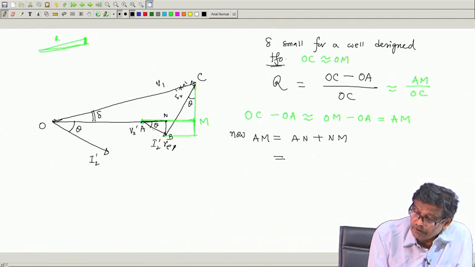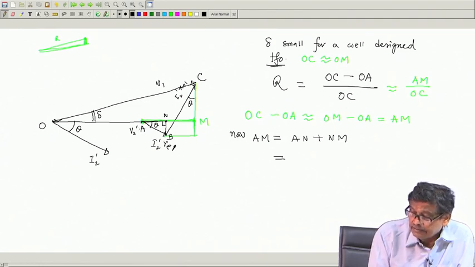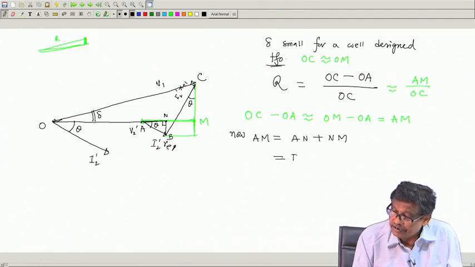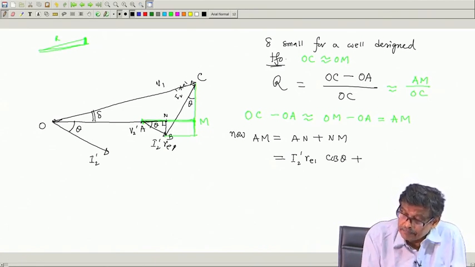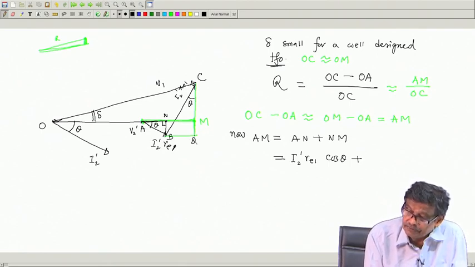In these small right angle triangles, it will be simply I2' R_e1 cos theta plus N M. N M is the same as this length B Q, it is a rectangle.